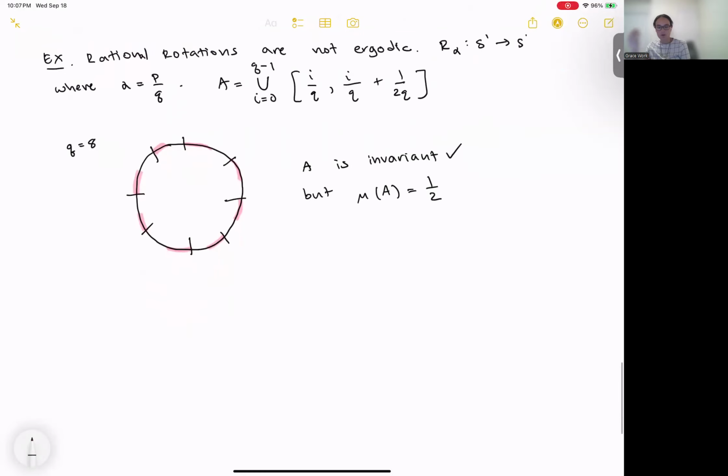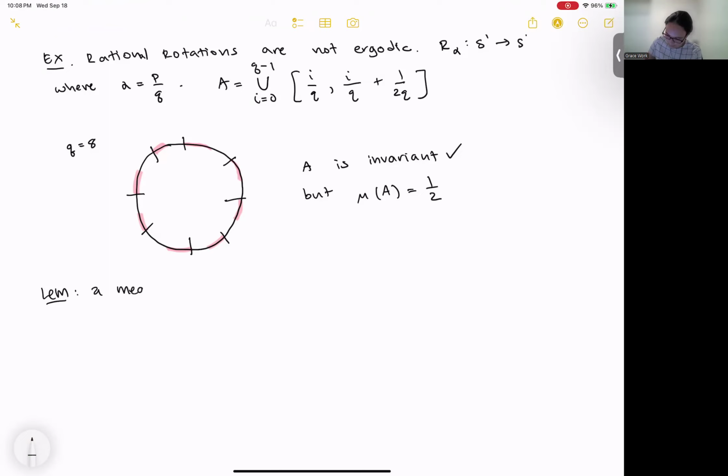All right. So even though the rational rotations are not ergodic, in a second we'll see that irrational rotations are ergodic. And to get there, we actually need to look at another characterization of ergodicity. So here's a lemma.